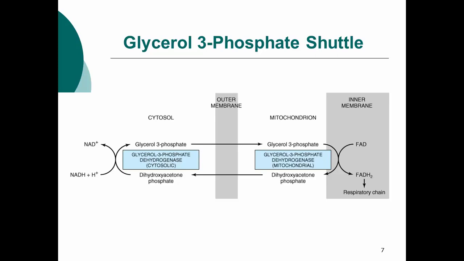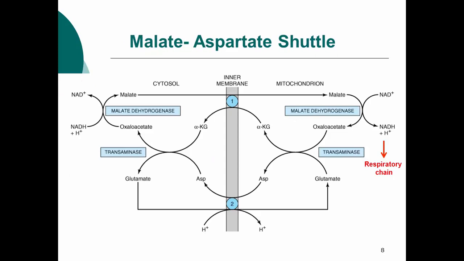And the second one, they transfer the electron to oxaloacetate to make malate, and malate is able to transfer into the mitochondria across the membrane.